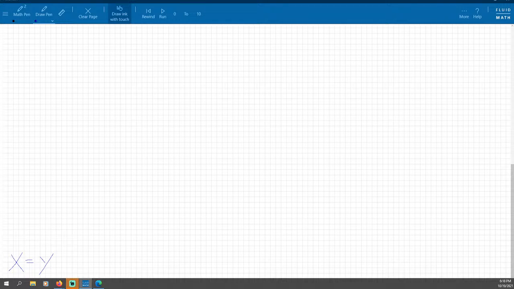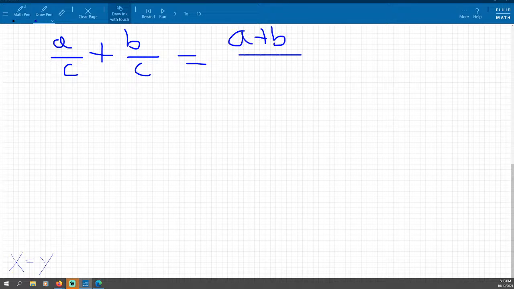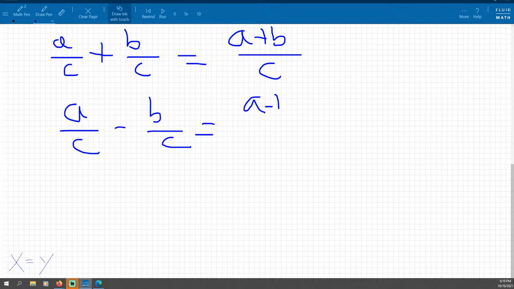So something like A over C plus B over C is equal to A plus B over C. And subtraction, A over C minus B over C equals A minus B over C.